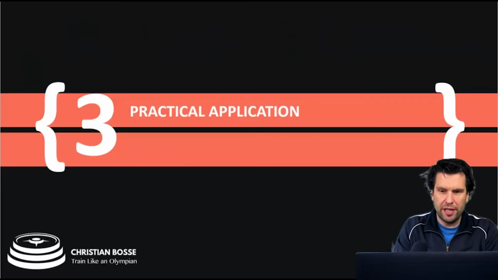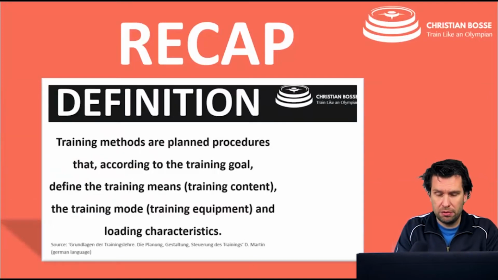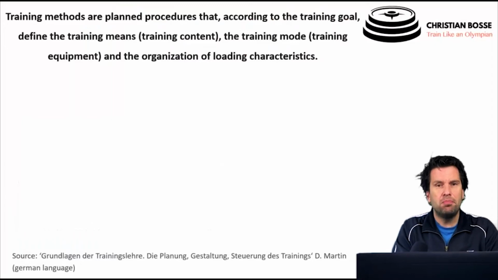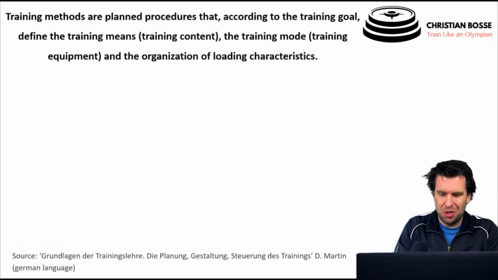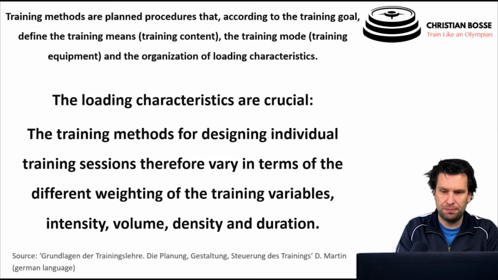What's the practical application? Again, I gave the definition of what a training method is and what it entails, but there's more to this definition, so I only gave you half of the sentence. Essentially, the second half is that the loading characteristics are crucial. Training methods for designing individual training sessions therefore vary in terms of different weighting of the training variables: intensity, volume, density, and duration.